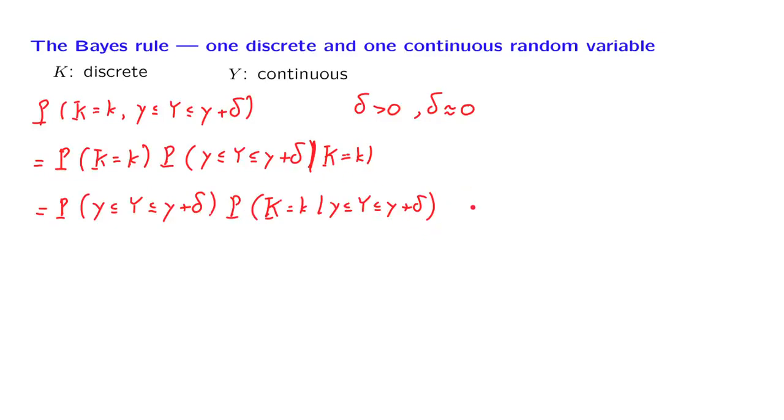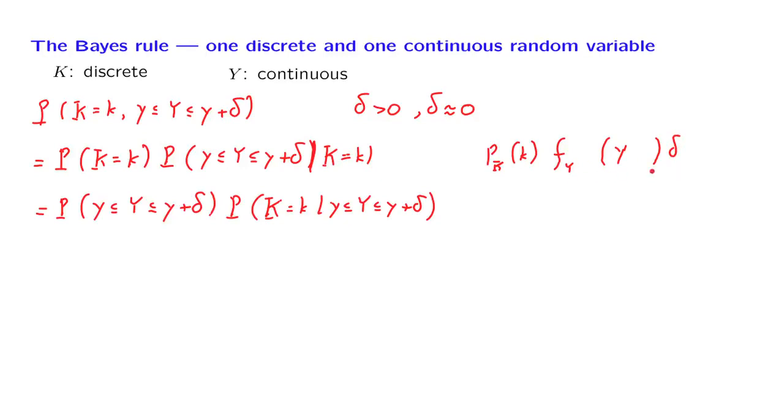Let us rewrite those expressions using PMF notation and PDF notation. What do we have here? The probability that a discrete random variable takes on a certain value, that's just the PMF of this random variable evaluated at a particular point. And what do we have here? The probability that a continuous random variable Y takes values inside an interval is always equal to the PDF of that random variable times the length of this interval.